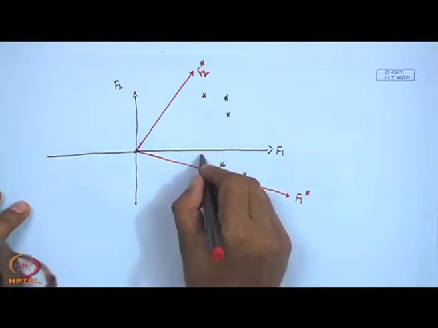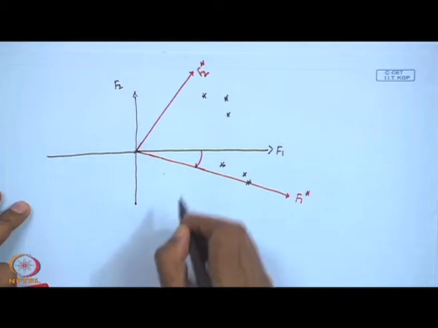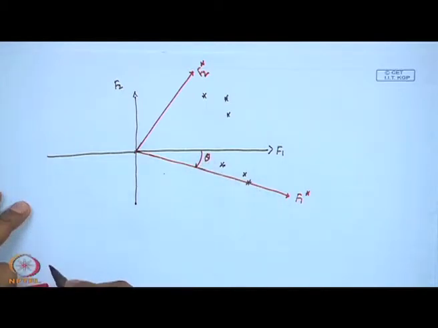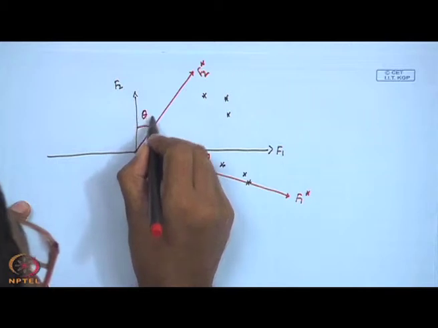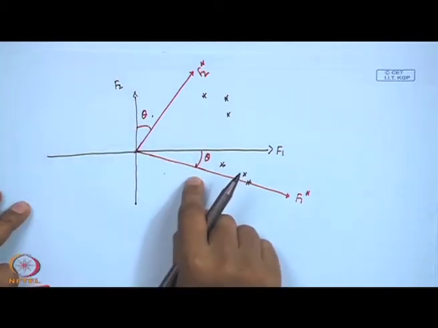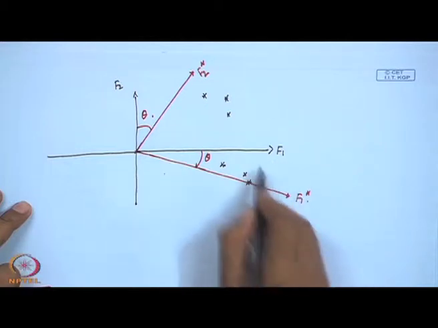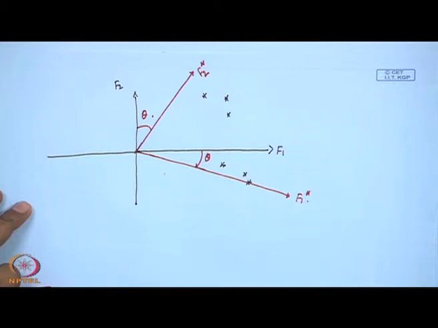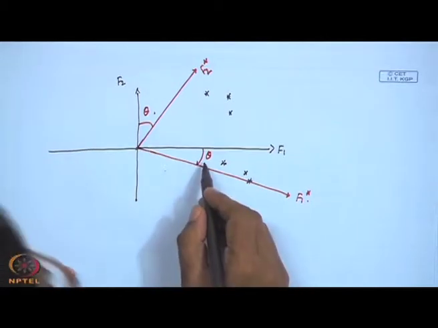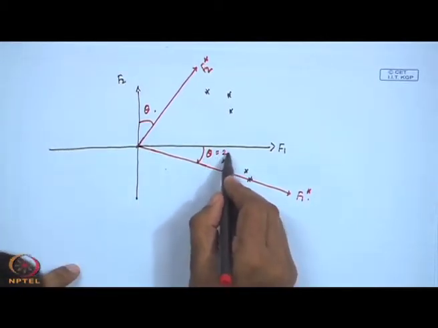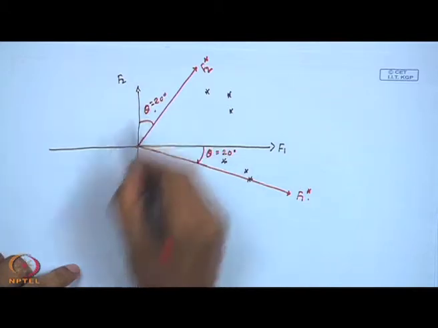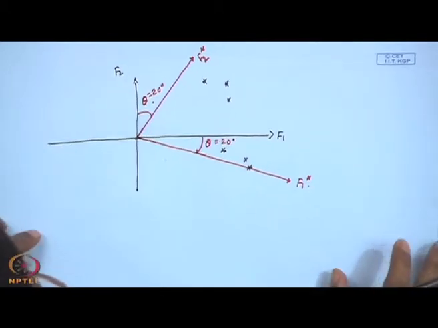This one is rotated clockwise, so this angle is theta. Similarly, this angle is theta. If I know theta, then you will be able to find F1 star and F2 star from F1 and F2. For example, suppose this is equal to 20 degrees.